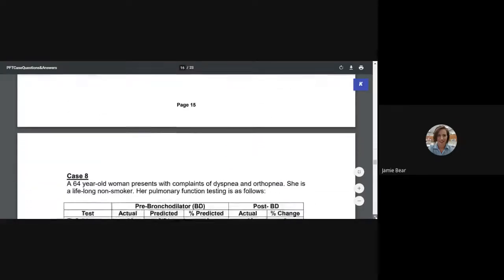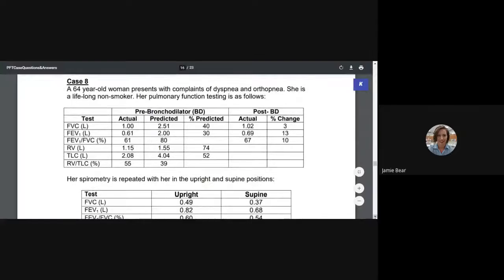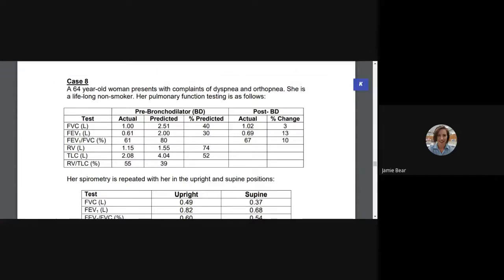Okay. Case 8, we have a 64-year-old woman presents with complaints of dyspnea and orthopnea. She is a lifelong non-smoker. Her PFT is as shows: 40%, 30%, 61%. So when we have low, low, low, that's a good indicator that the patient is obstructing in their airways.